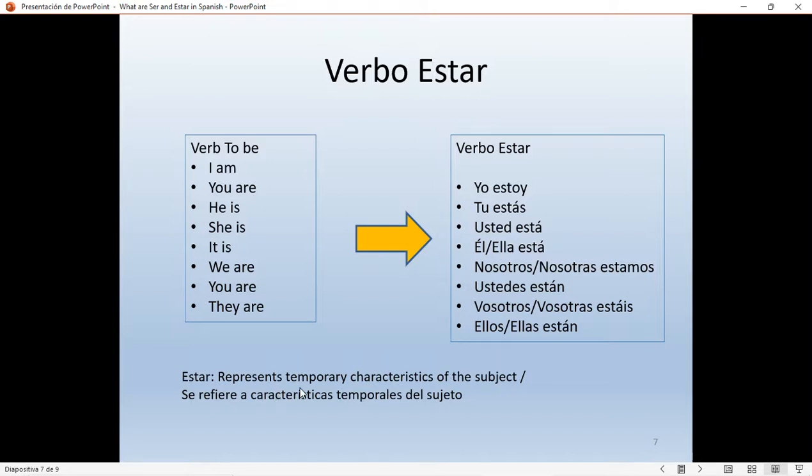Estar represents temporary characteristics of the subject. What is a temporary characteristic of the subject? Well, if I already know that permanent conditions or characteristics of the subject are those conditions that I cannot change fast and easy, temporary must be something that can change. For example, your feelings and emotions.